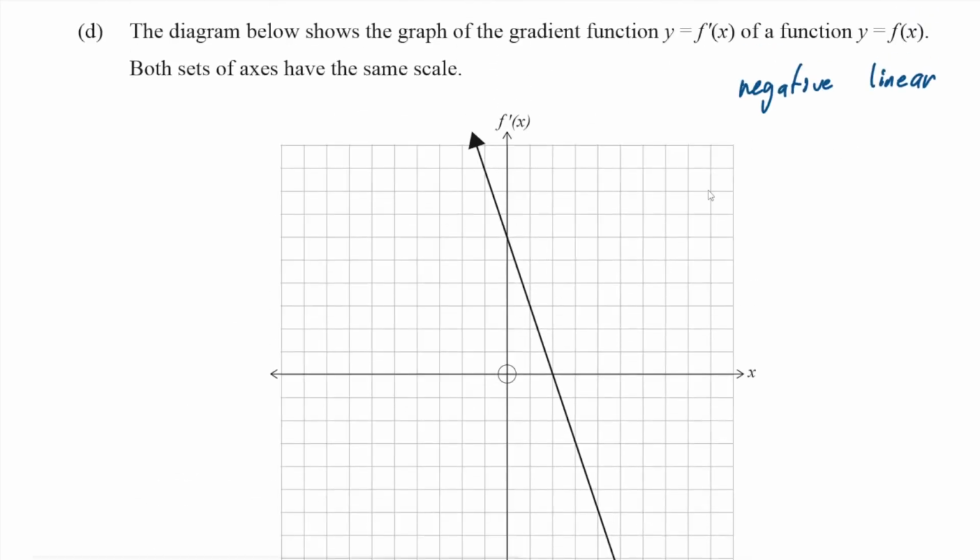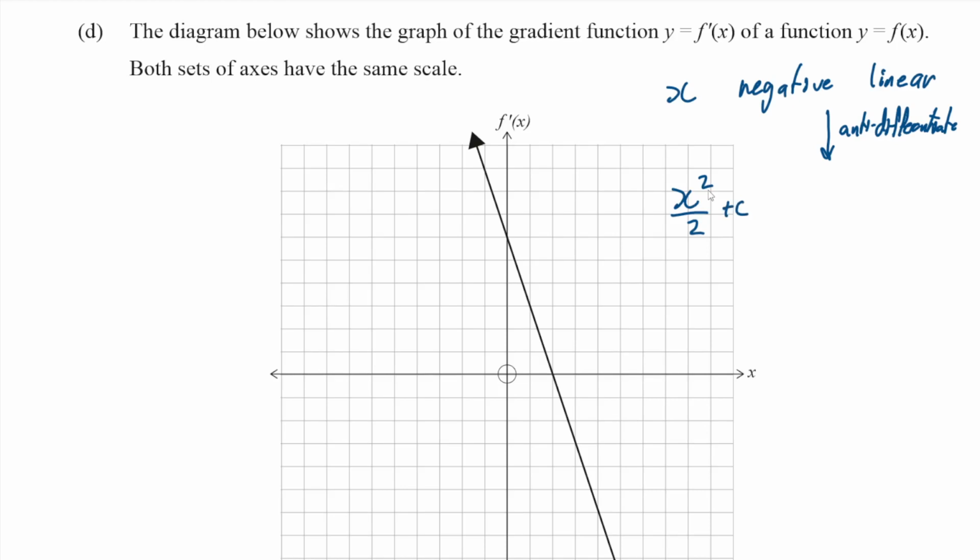Alright, so let's just have a think about the shape first. We have the derivative. It is a linear graph. When we anti-differentiate a linear graph, for example x, the antiderivative would be x squared over 2, right, plus the integration constant.